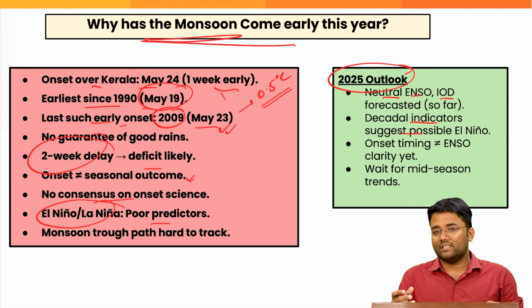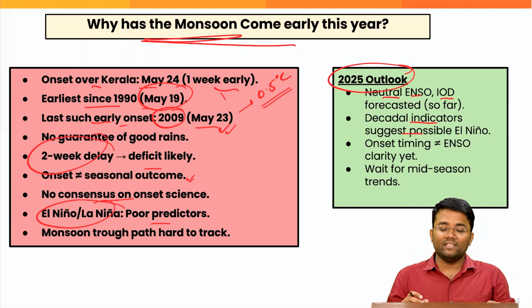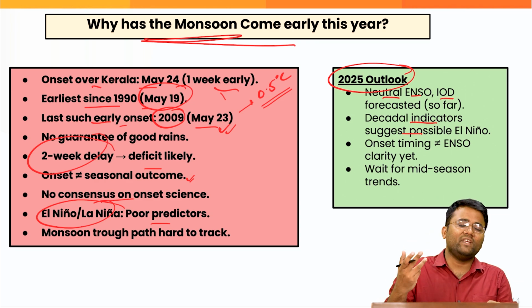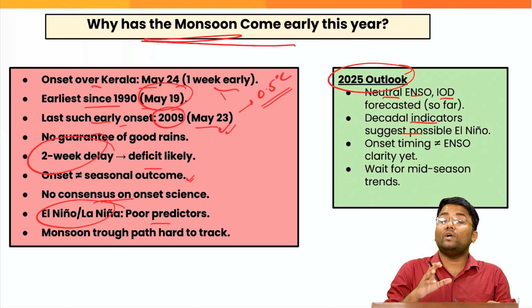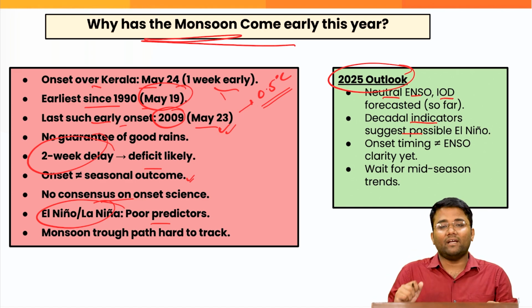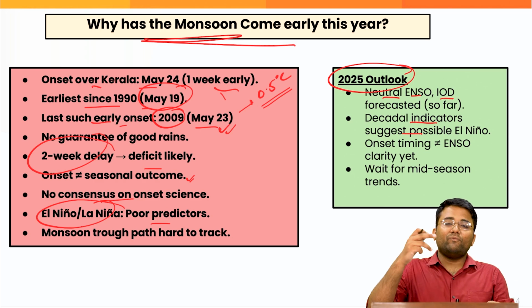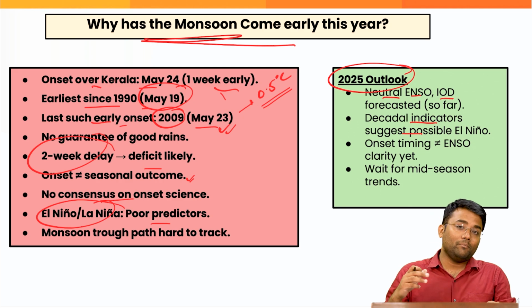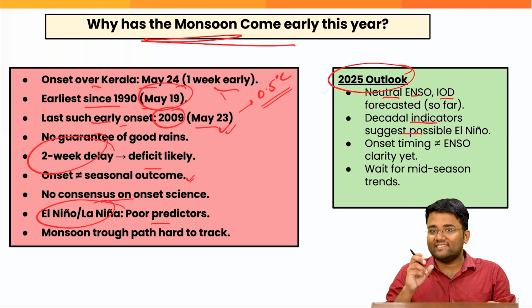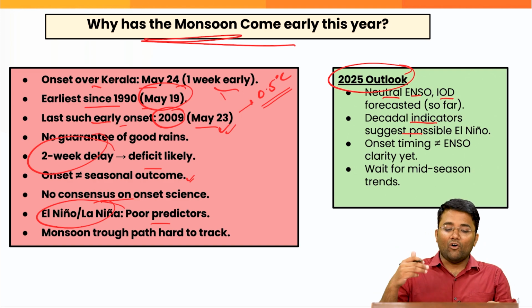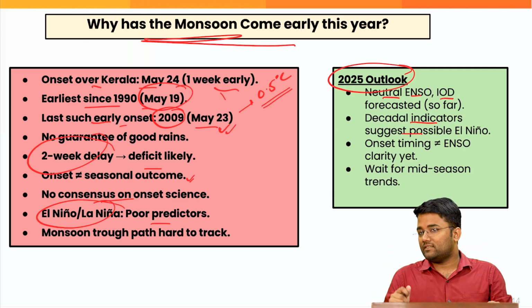El Nino Southern Oscillation, or ENSO, is a natural climatic cycle involving periodic changes in ocean temperature and wind patterns in the central and eastern Pacific Ocean, and it has two main phases, El Nino and La Nina, which influence global weather, and the Indian monsoon is also impacted by ENSO. One phase of ENSO is El Nino, where the central and eastern Pacific Ocean become unusually warmer, and it weakens the Indian monsoon by disrupting atmospheric circulation, and it often leads to drought-like conditions in South Asia.